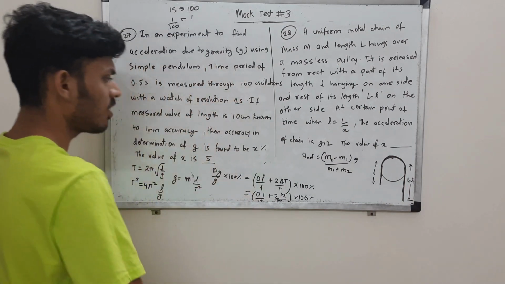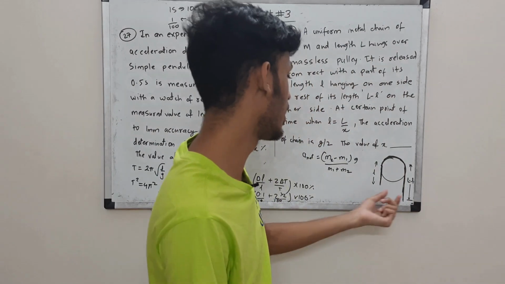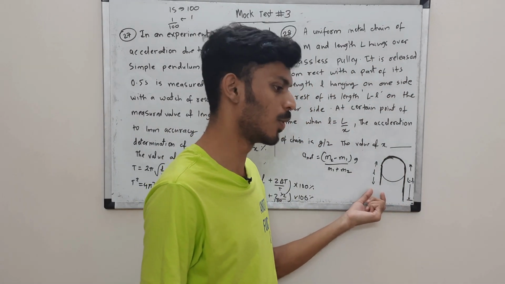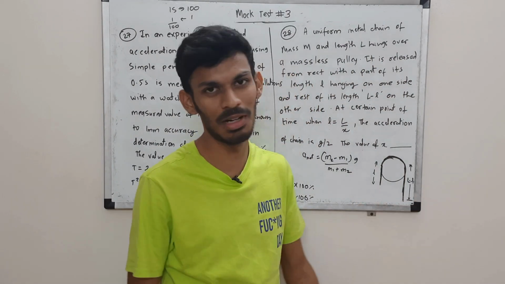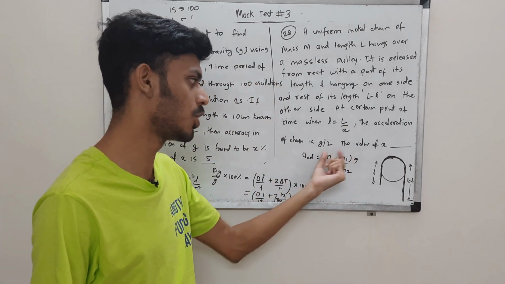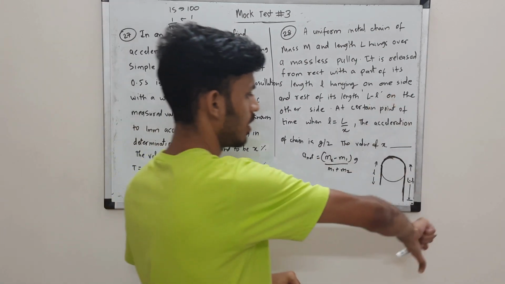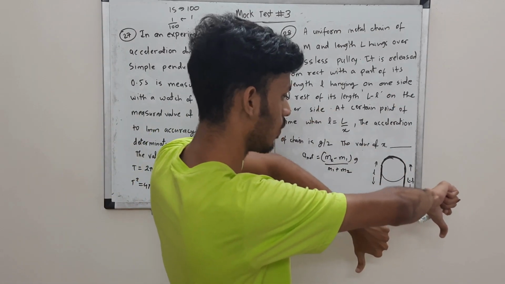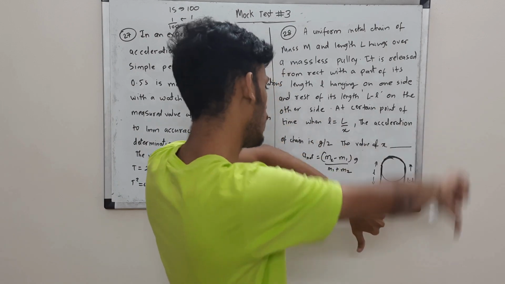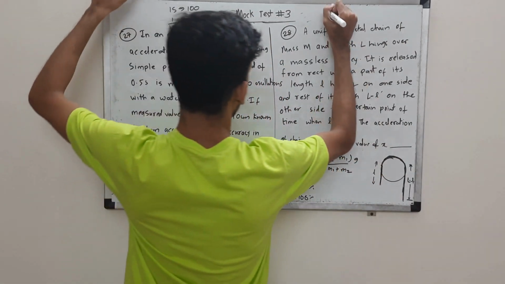You can derive this by framing the equations of motion for this side and that side, but this is a general result. The net force is m2g minus m1g, both downward, on opposite sides, upon the total mass. That will give you the acceleration.